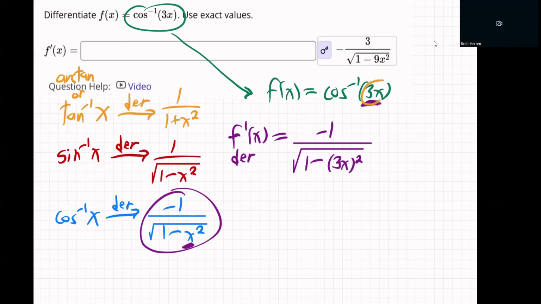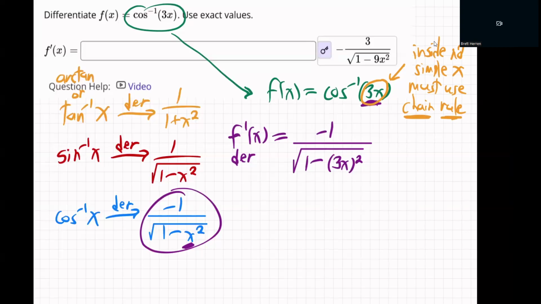Because the inside is not a simple x. When the inside is not a simple x, it's 3x, then we must use the chain rule. You always have to do the chain rule whenever the inside is not a simple x.